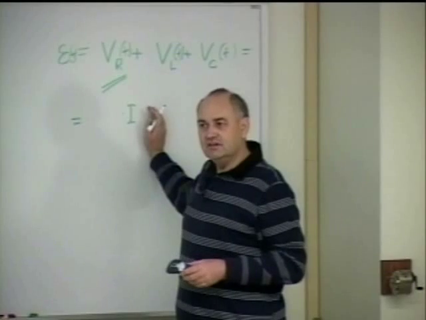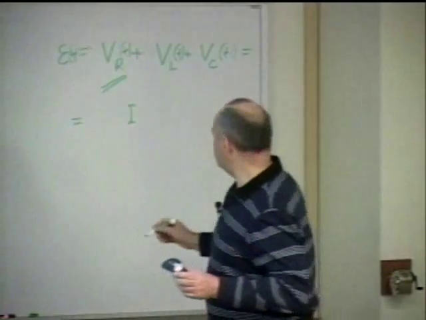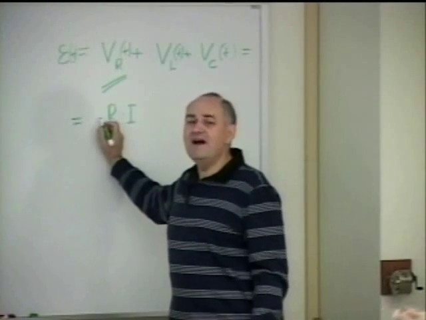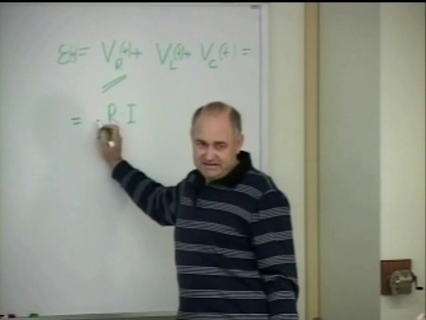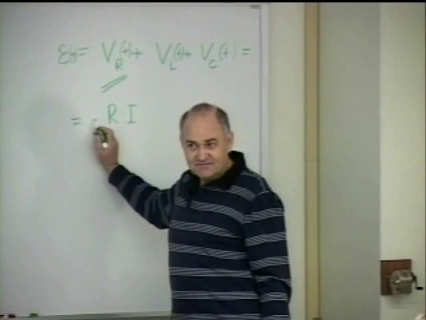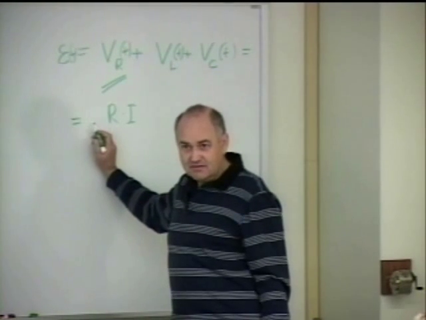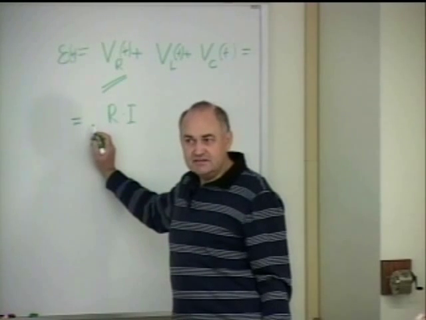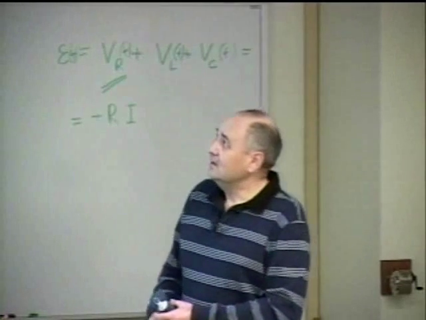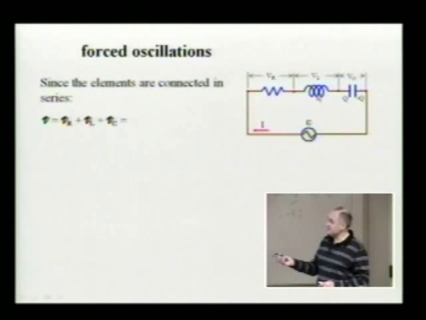So it's proportional to current. What's the proportionality coefficient? Resistance of the resistor, correct. Should I put plus now or minus? Because both are directly related. Who votes for plus? Who votes for minus? Plus is correct.